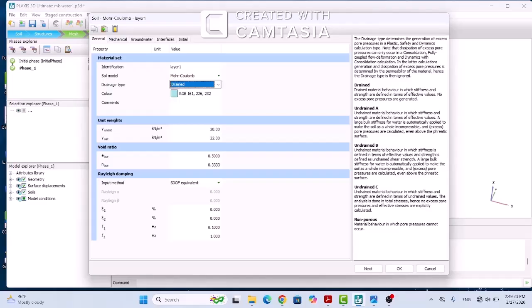Something that we must consider is that in undrained condition, usually the purpose is calculating consolidation. But in this example, not. In this example, we are not going to calculate consolidation, but we must know that in undrained condition, usually we are going to calculate consolidation.